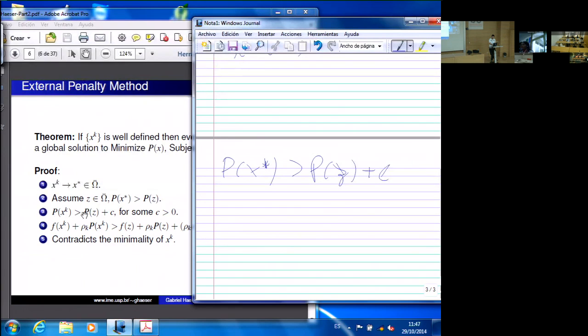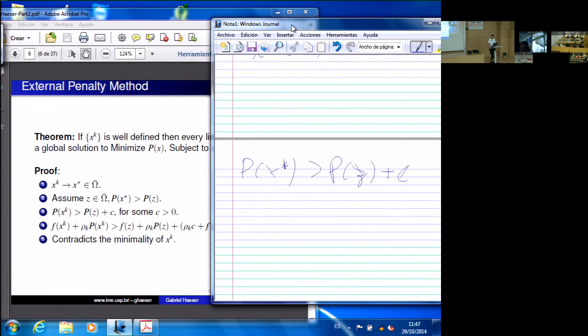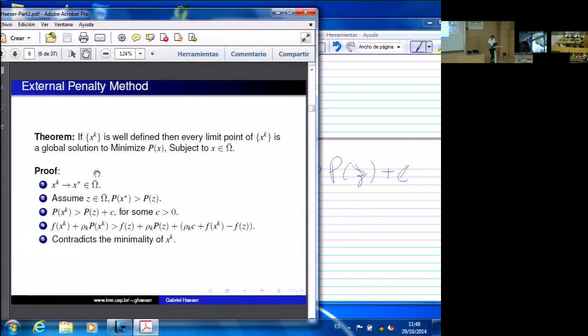P of xk should be greater than p of z plus c for some constant c, if you choose k sufficiently large. So we have some algebraic manipulations here. We simply multiply this by rho k, and we add f of xk on both sides. Okay, we multiply this by rho k, we get rho k p of xk is greater than rho k p of z plus rho k c.